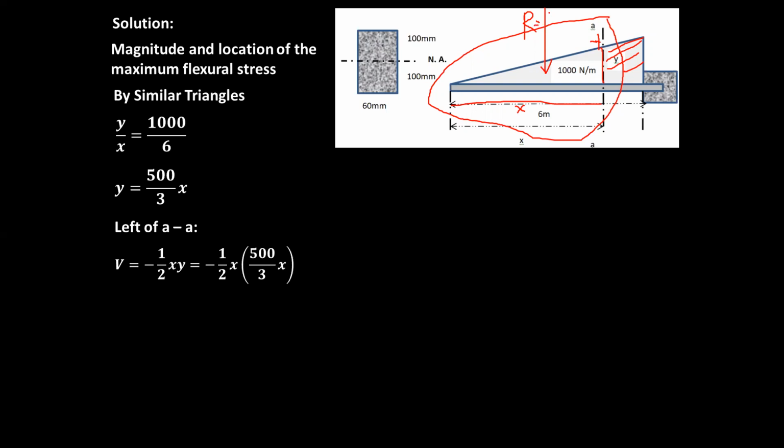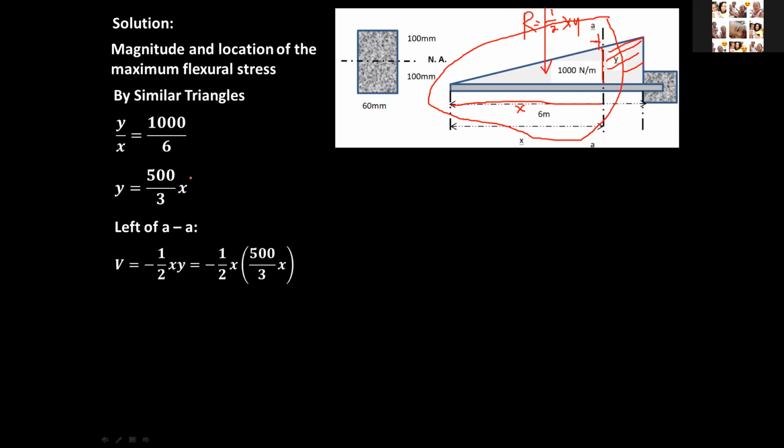This is equal to 1/2 of x times y. So definitely our shear is 1/2 xy, but we will use a sign of negative because the direction of the force is downward. That's why we have the shear equals negative 1/2 xy.